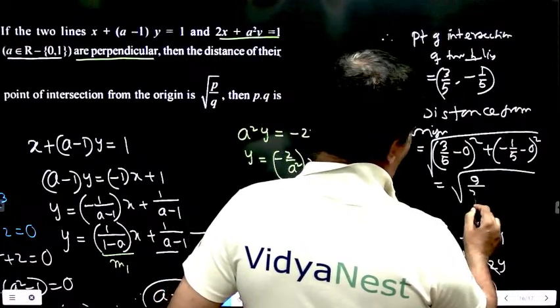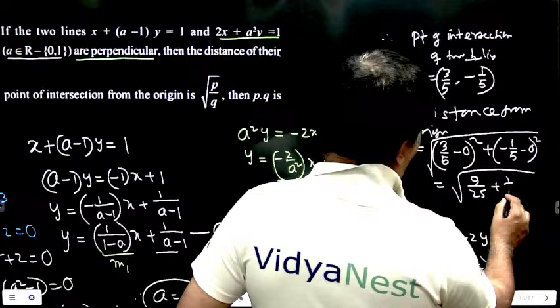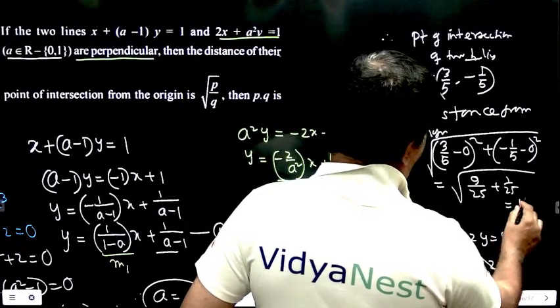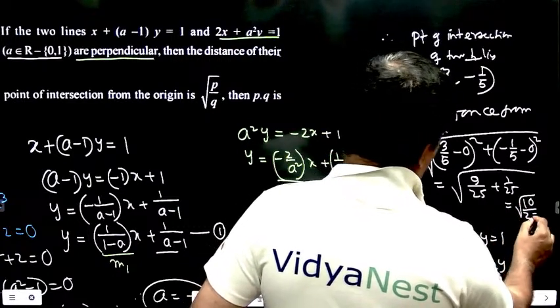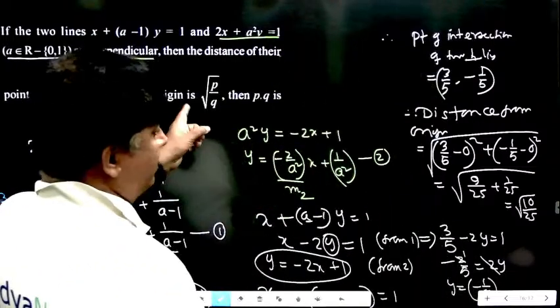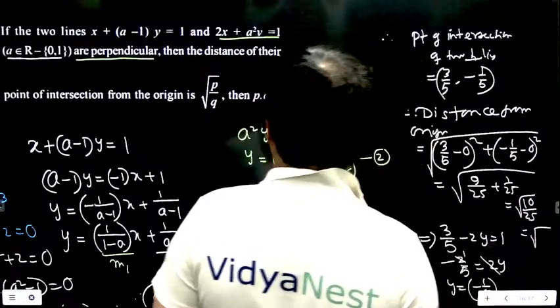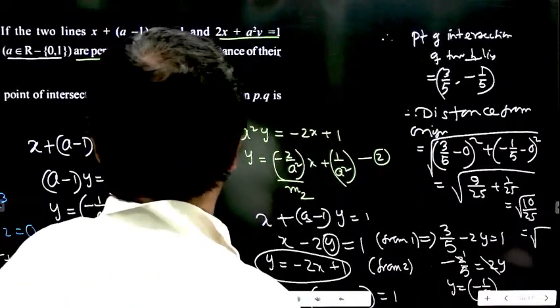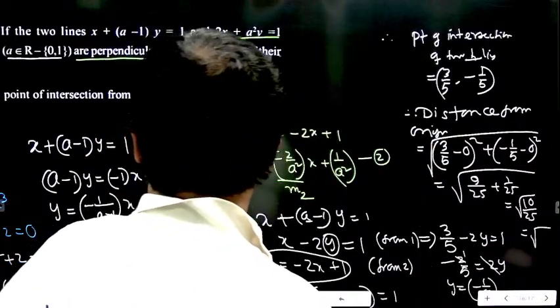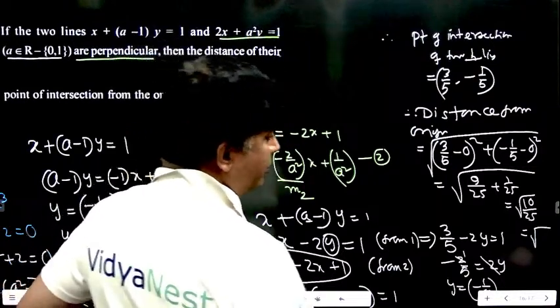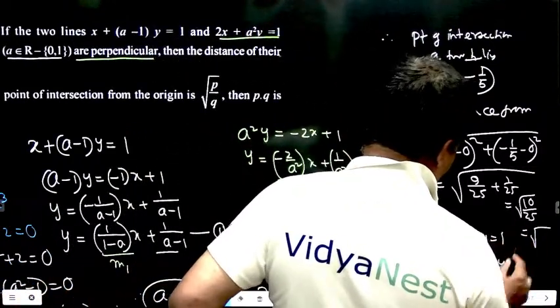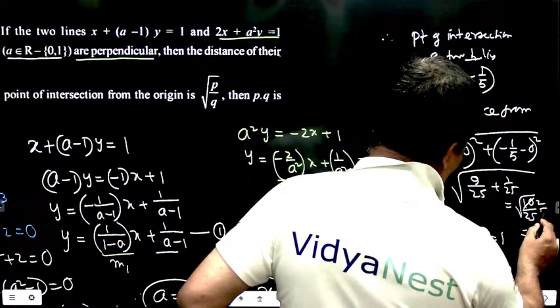9 by 25, 1 by 25, 10 by 25. So that is nothing but root p by q. Here we can reduce it more, 2 by 5.